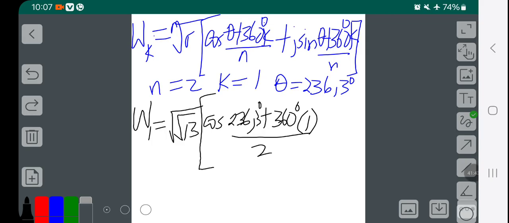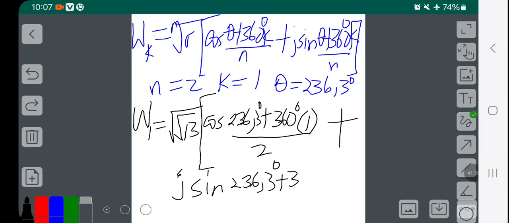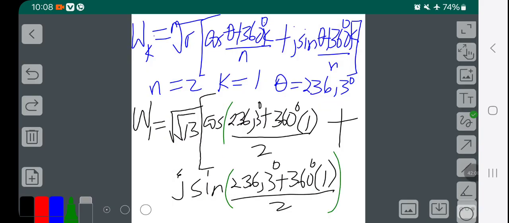Then plus j sine of your theta, 236,3 degrees plus 360 degrees times 1 over 2. Please mind you can put brackets here, guys, so that it shows you must do it separately. So that is it, we are done from there.